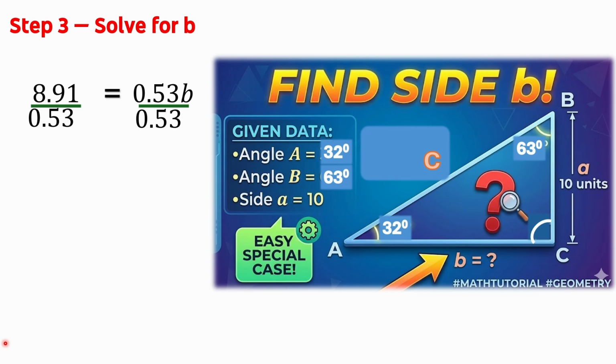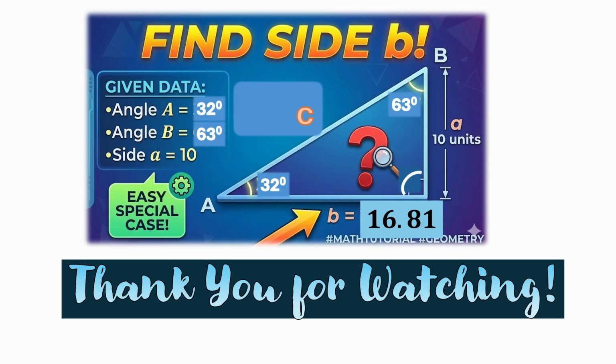So 0.53b divided by 0.53 is equal to b, or we just cancel 0.53 and it is equal to b. Next, 8.91 divided by 0.53 equals 16.81. So the missing side is approximately 16.81. And that's the law of sines.